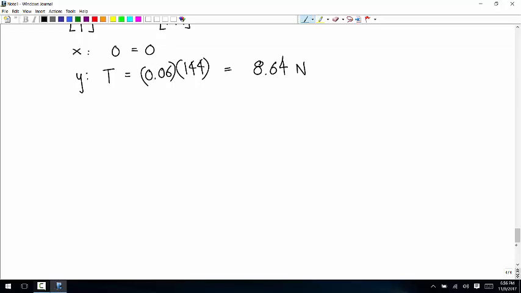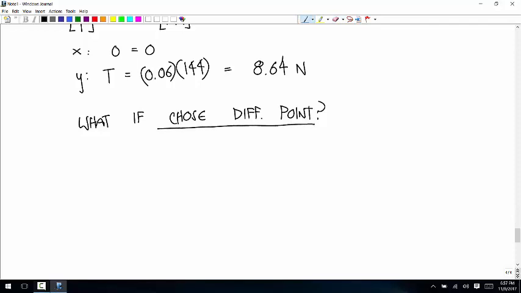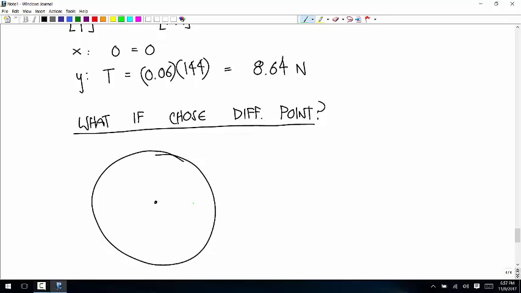No, you'd be able to. So let's see how that works. Okay, let's just do it again. What if I'd chosen a different point? So there's your coordinate system. And let's say now we're going to choose this point. That's the direction of the centripetal acceleration.